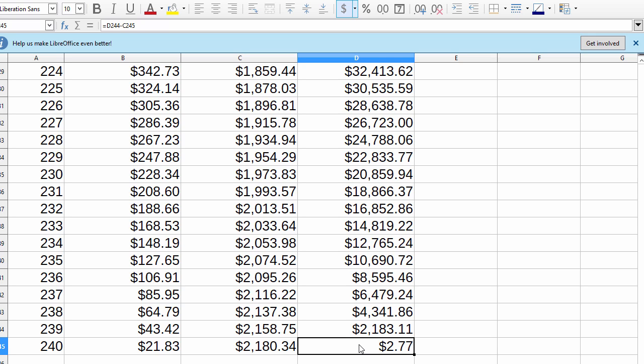The way that you do that on a real loan is you either pay $2.77 extra on the last payment, or you make one more tiny payment. Sometimes the round-off errors mean that you're a little bit under. So you might have a very small negative number there, which means that you would just pay a little bit less on your last payment.